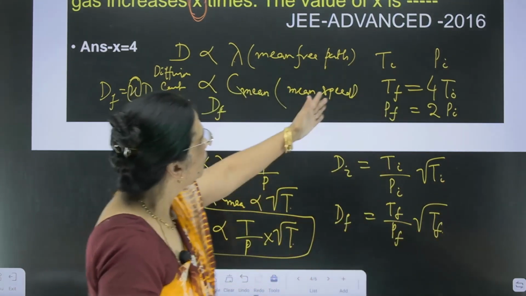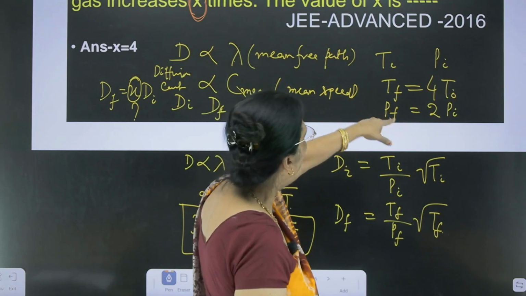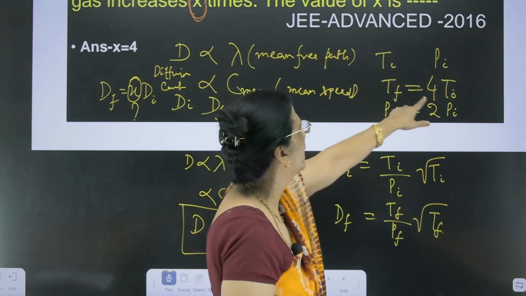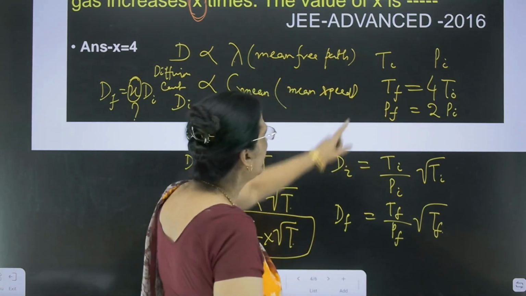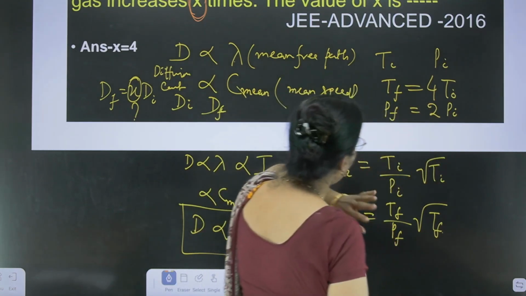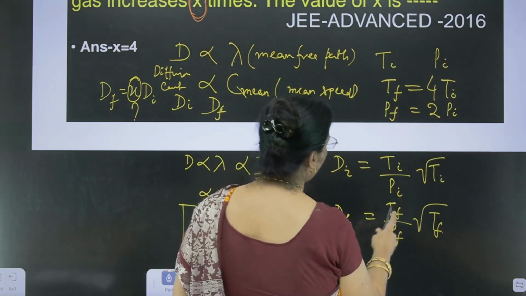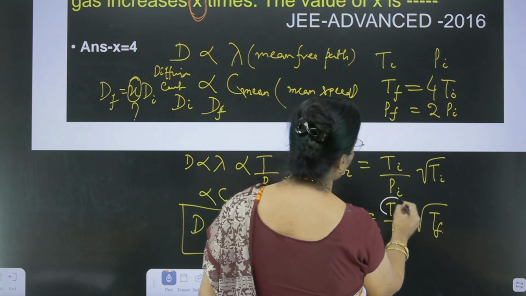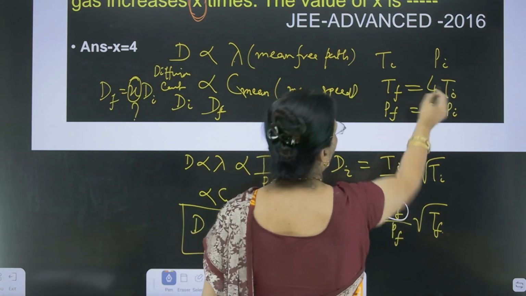We have the relation that the final temperature is 4 times Ti, so instead of Tf we can write 4 Ti.